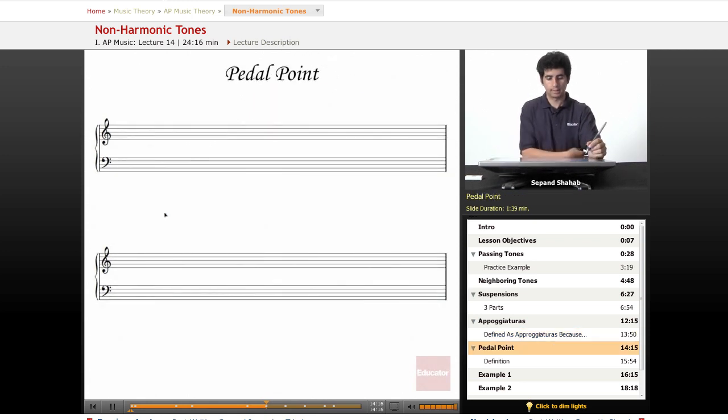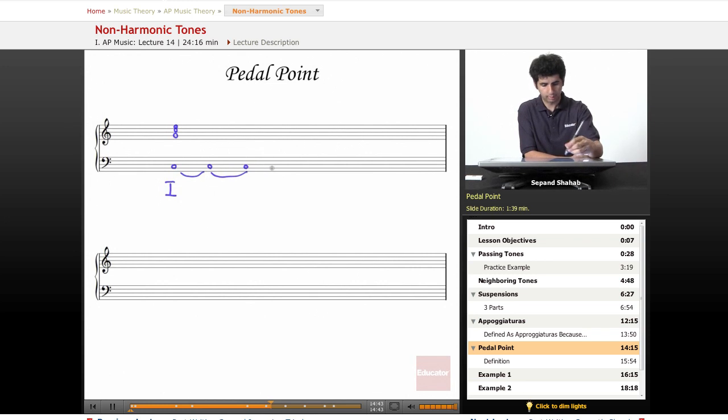And finally, we can discuss the pedal point, which is, again, different from all the non-harmonic tones we've seen, in that it involves a series of notes. So if we start with a tonic harmony on C, and we're going to keep this bass note going throughout here.